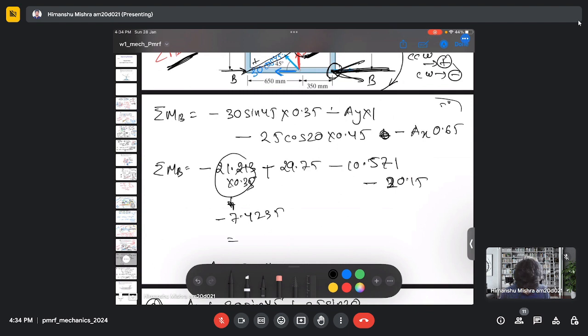Then I will get 22.33 minus 20.15 equals 2.18 kilonewton meter. So this will be my moment along B direction.